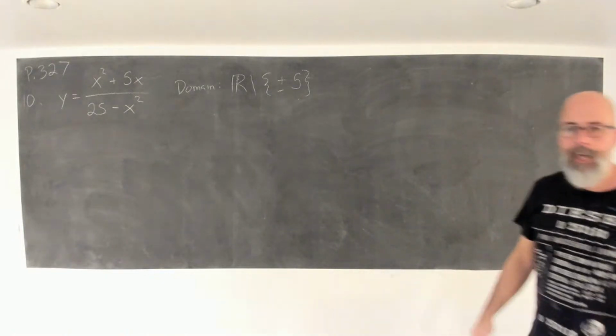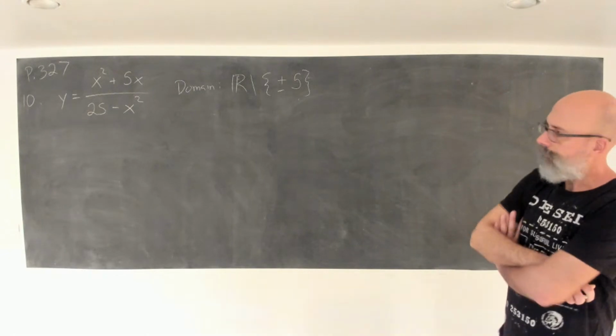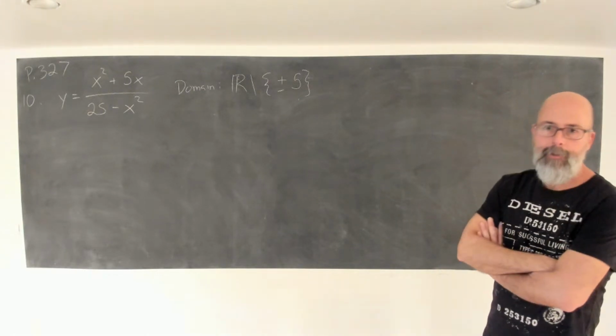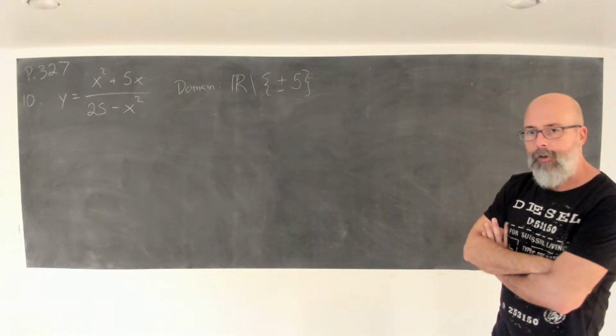All real numbers except plus or minus 5. Negative 5 as well, right? Because negative 5 will make the denominator 0.